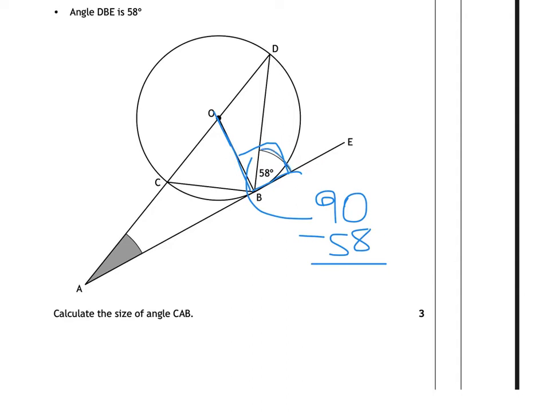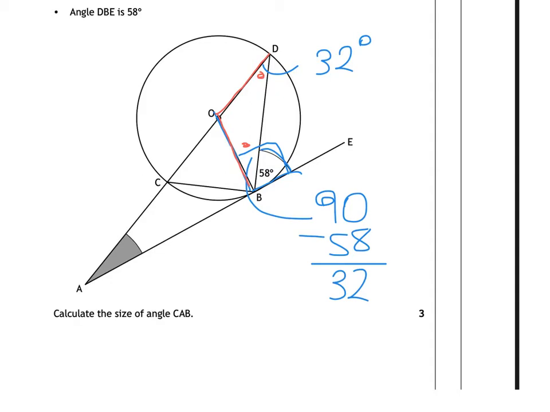So we're getting rid of the 58 degrees to leave us with 32 degrees. If that's 32 degrees, then that must be 32 degrees, and the reason why I know that is because that is an isosceles triangle. Since that's a radius and that's a radius, both these angles must be the same.